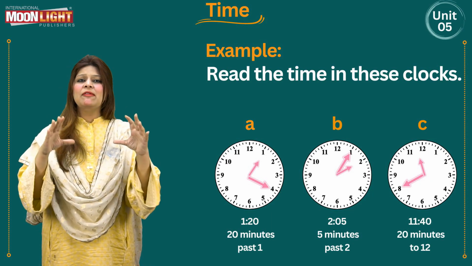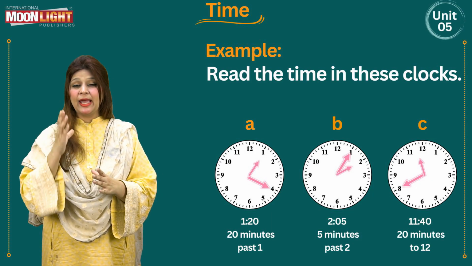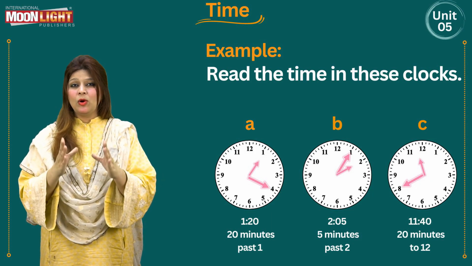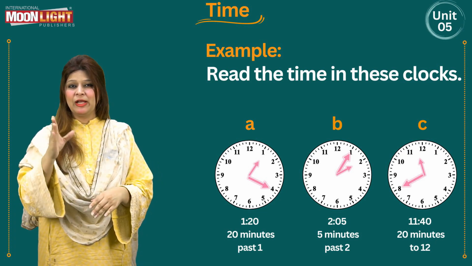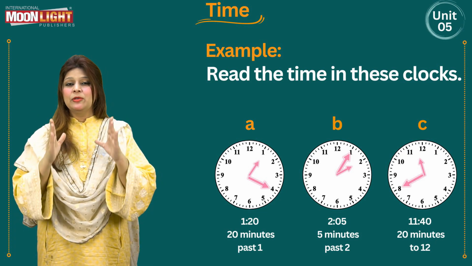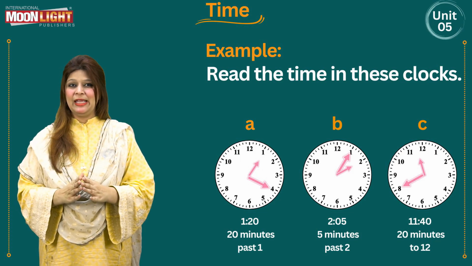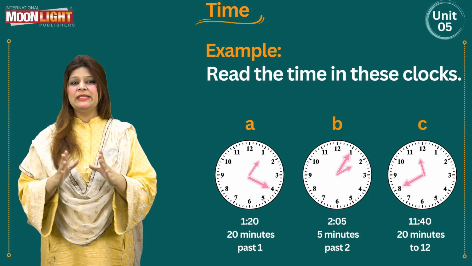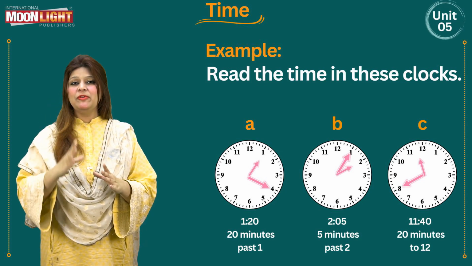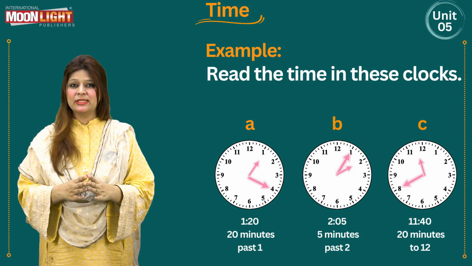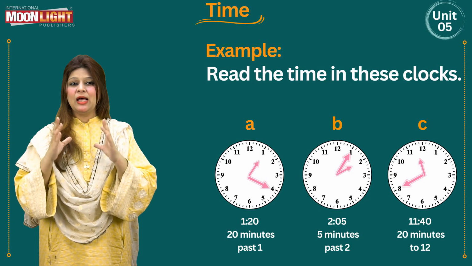So we have all equal intervals, or you can say we have multiples of 5, and we multiply 5 by 12 because we have 12 hours in half a day. This means the hand is going to move round 2 times when we have 24 hours. So now you are going to tell me the answer.